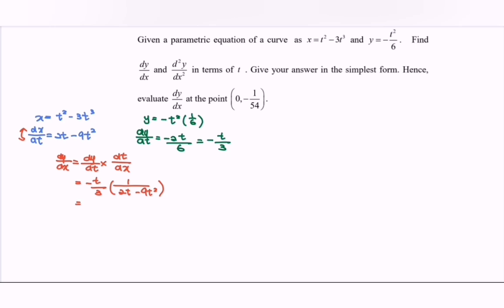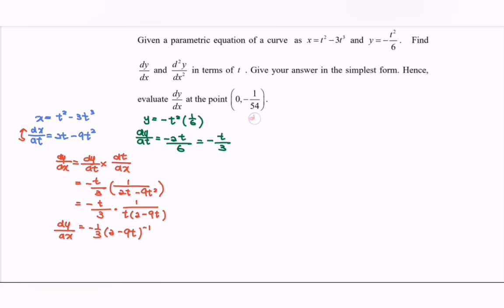Referring to the situation, we have negative t over 3 multiplied with 1 over, factor out the t, so we have 2 minus 9t. So rewrite the situation. We have dy/dx equals negative 1 over 3, bracket 2 minus 9t, bracket, to the power negative 1. So that is the first derivative.